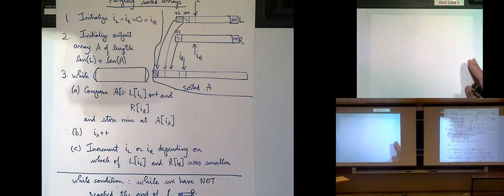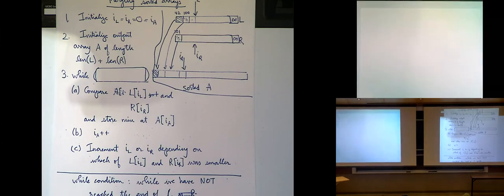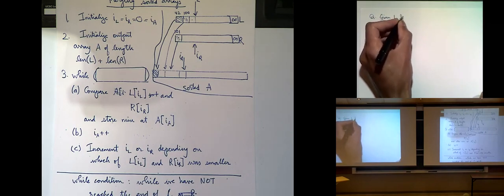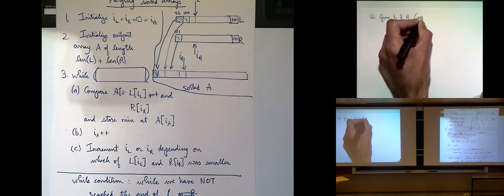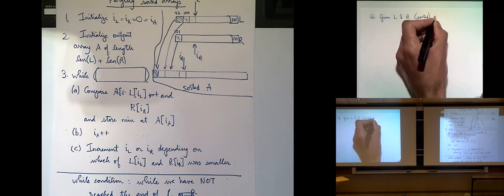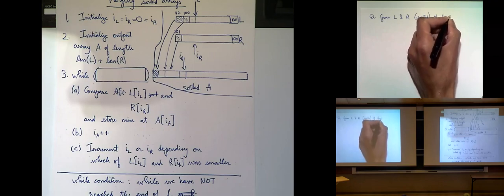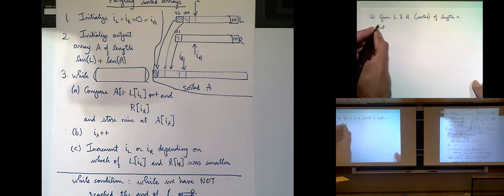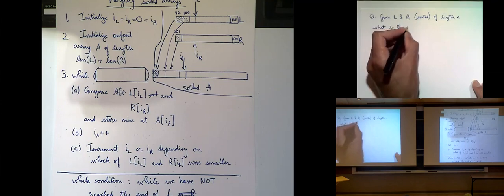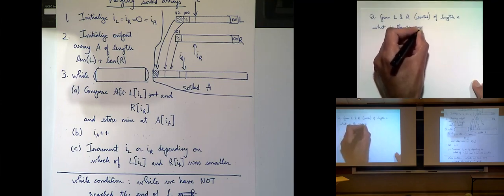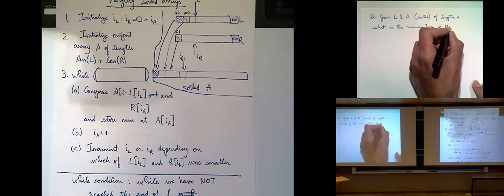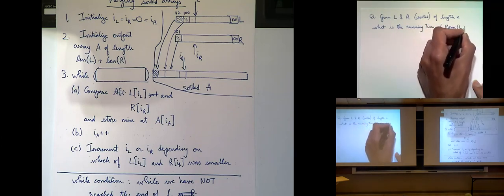Just to build a little bit of understanding, here's a question. Given L and R sorted, of length n, what is the running time of merge L and R?